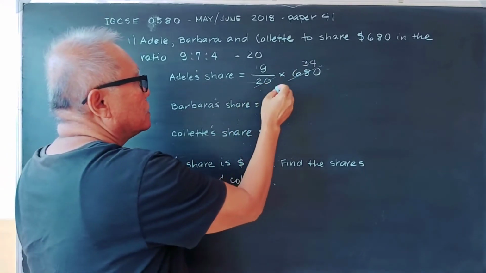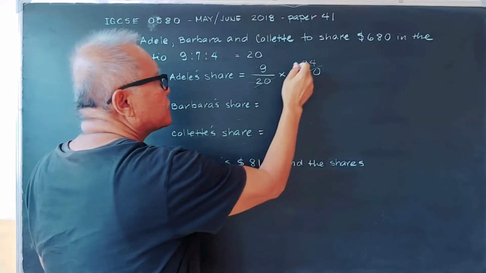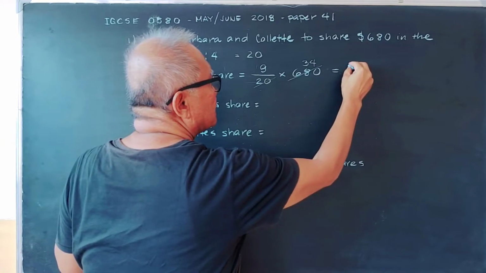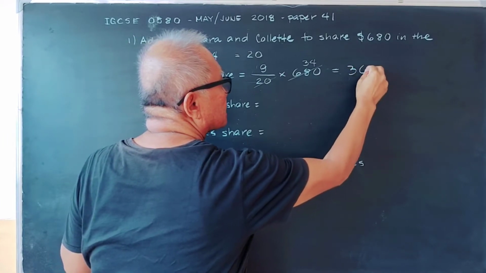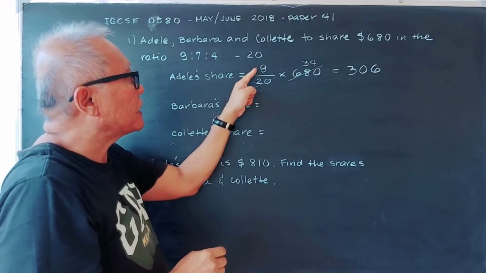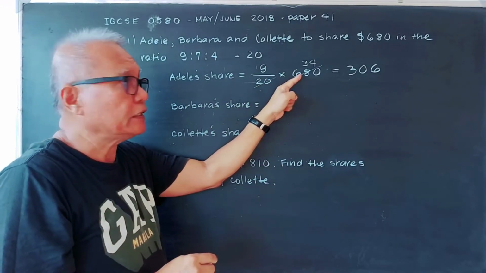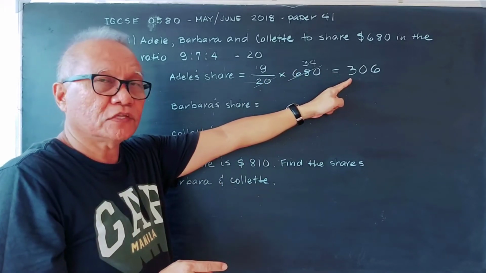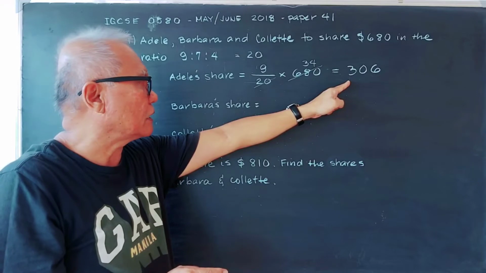So 9 times 34 will give us $306. That's the share of Adele. Or you can multiply 9 times 680 divided by 20, and it will give you the same answer, $306.